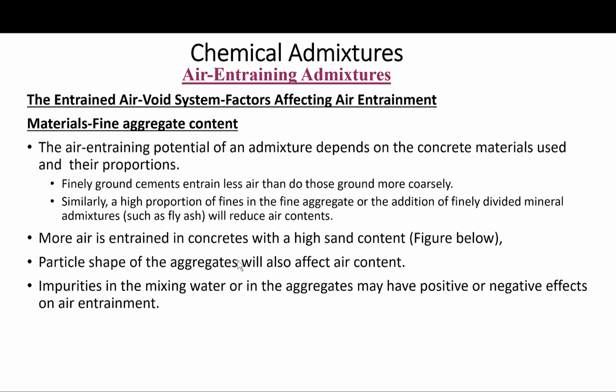So again, that's something you need to know. Trial mixes will help. And the particle shape of the aggregate will also affect the air content. Impurities in the mixing water or in the aggregates may have positive or negative effects on air entrainment. So again, that's something that should be considered.